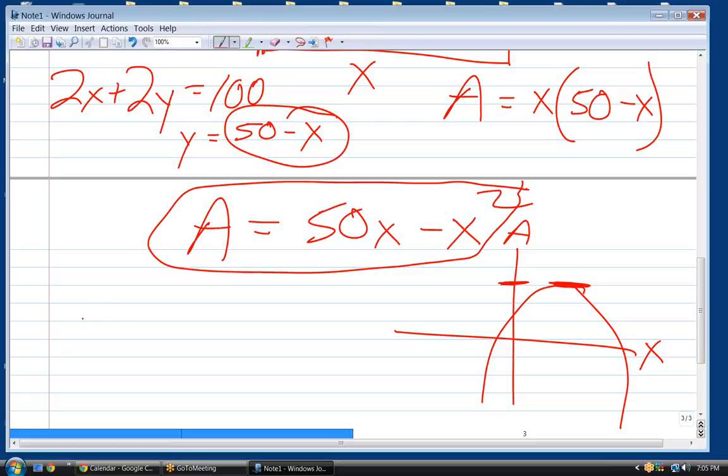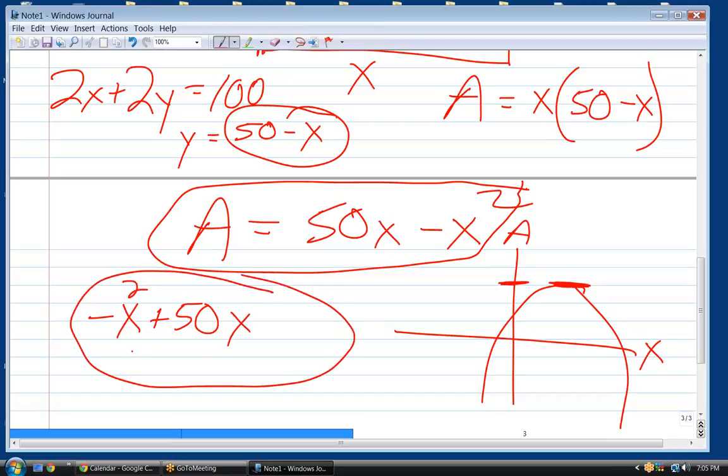Okay, so let's figure that out. Minus x squared plus 50x is our quadratic. Where's the vertex of that? What's the formula for the vertex? Is it like negative b over 2a or something?